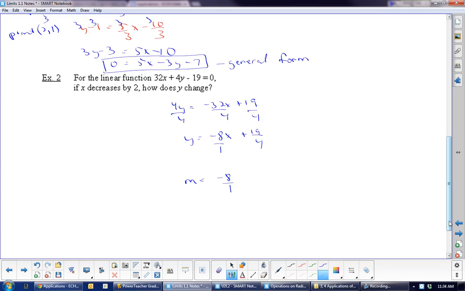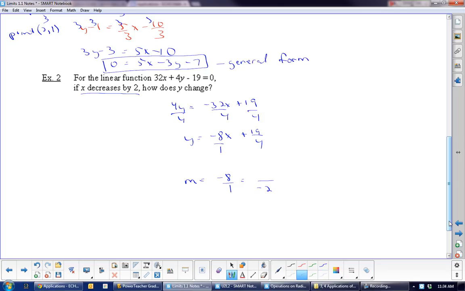So if x decreases by 2, I would put that there, correct? Because the x's go together. So now all I have to do is find the equivalent number that would work up here.